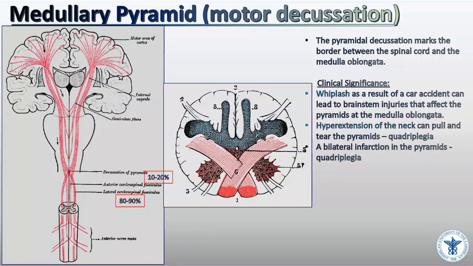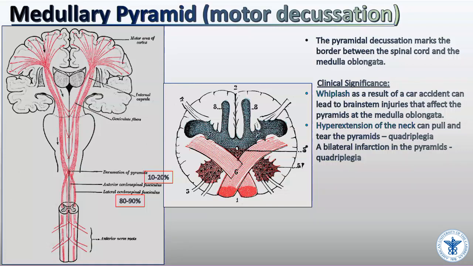And what's interesting about the motor decussation is that you can have important everyday situations like a whiplash injury, when a person's traveling in a car and somebody rams him from behind, or you put the brake on suddenly and you have this hyperflexion, hyperextension injury.